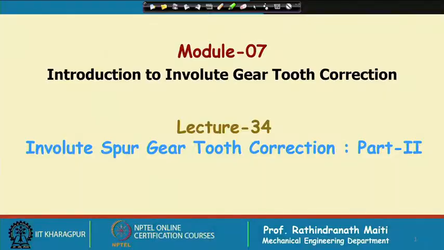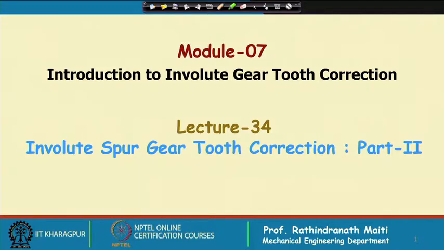Gear and Gear Unit Design, Module 7, Introduction to Involute Gear Tooth Correction, and this is the second lecture on Involute Spur Gear Tooth Correction.